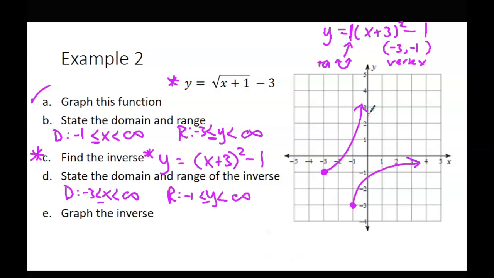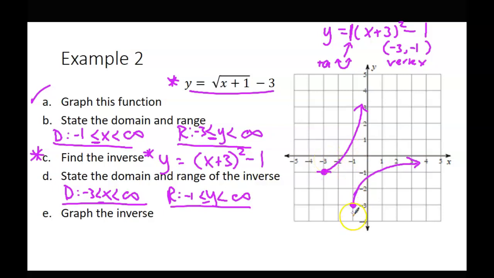Yes, this is a quadratic equation, but if you're going to find the inverse of this function, its domain and range will be just as restricted as this guy's domain and range was. If this guy's only allowed to have x values from -1 to infinity, then this guy's only allowed to have y values from -1 to infinity.